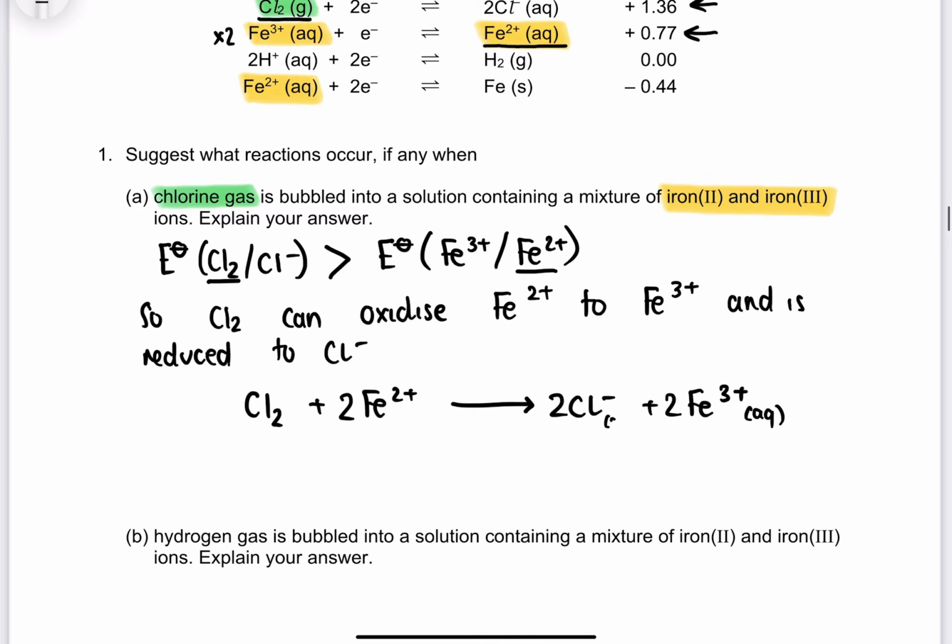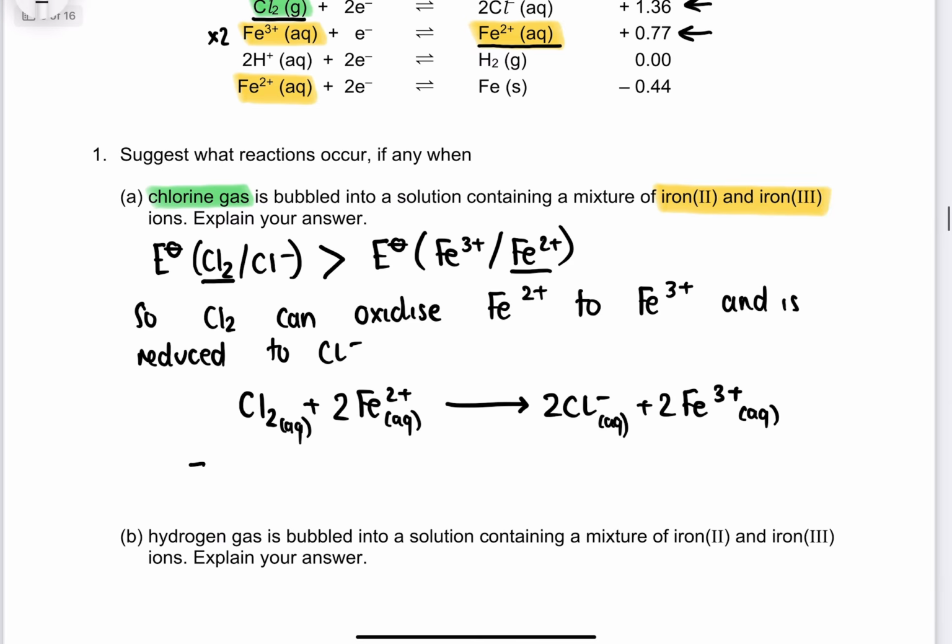And we can work out the standard electrode potential for this reaction. Remember, it'd be right-hand side or the most positive minus the least positive or the most negative, 0.59 volts.